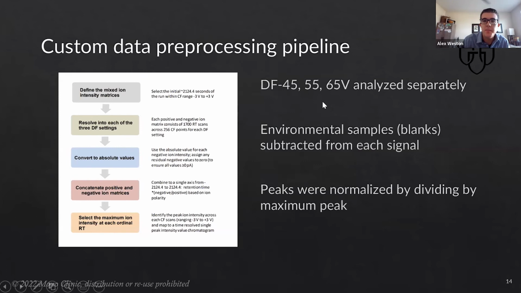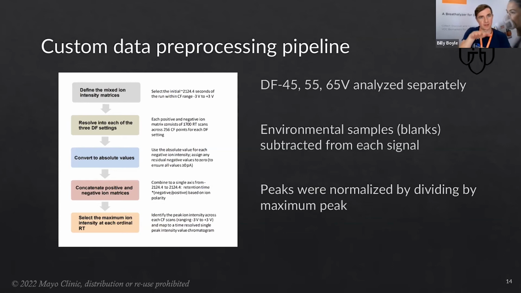I think he saw the largest magnitude difference in these molecular features at the 65 voltage setting. So I believe we only analyzed samples from the 65 voltage dispersion field setting, but I would have to double check on that. Got it. That makes sense. I wasn't sure if you were doing a sweep within the analysis as opposed to what you've outlined here, of having separate set points and then picking the best set point.